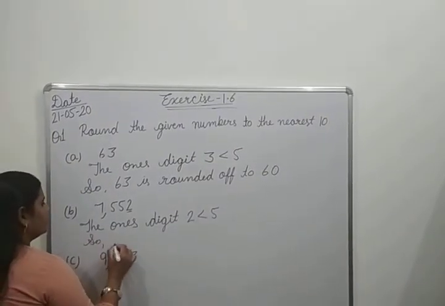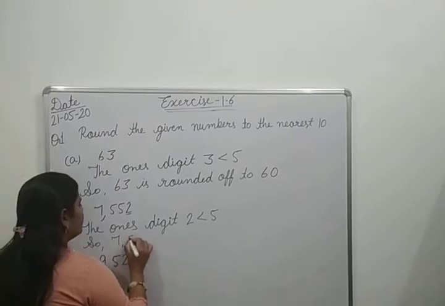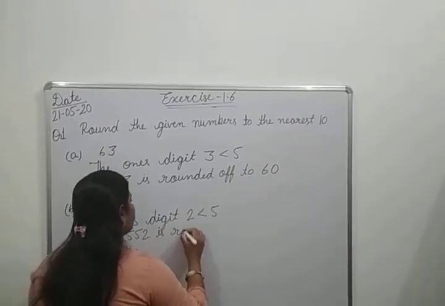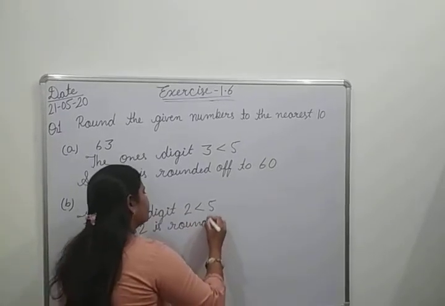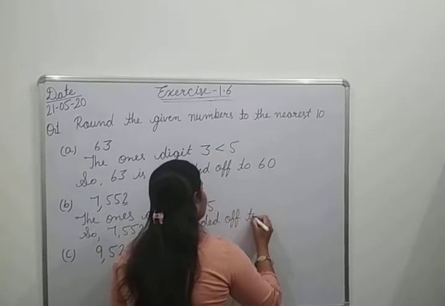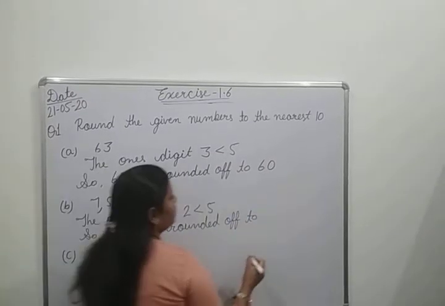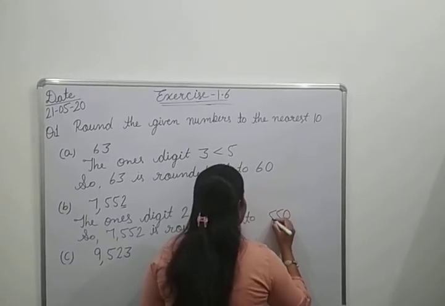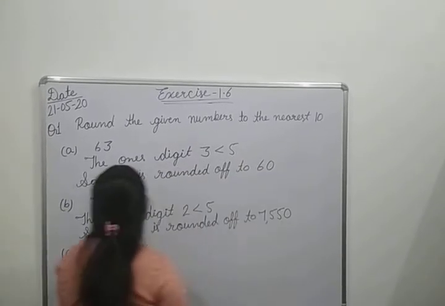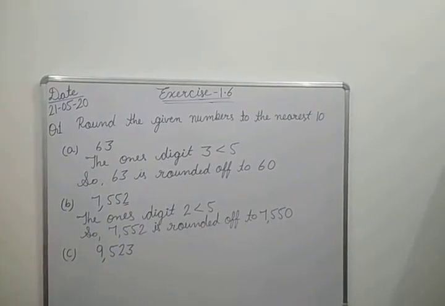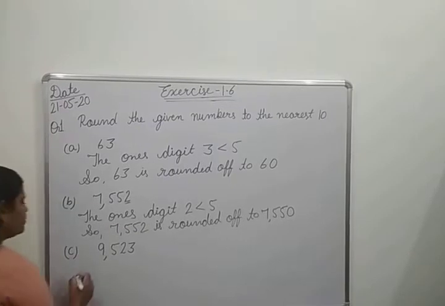So 7552 is rounded off to, what do we do? On the ones place we write 0 and the remaining digits we will write the same. It means 7550. Clear?